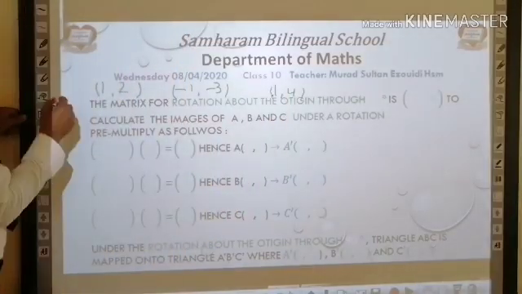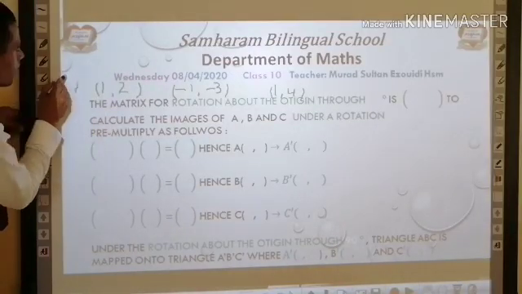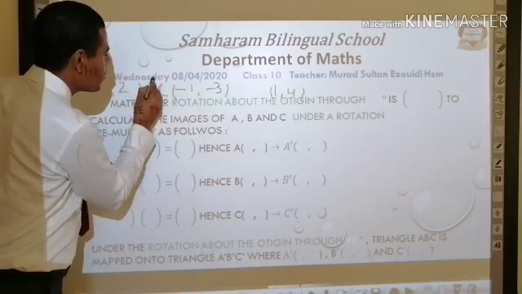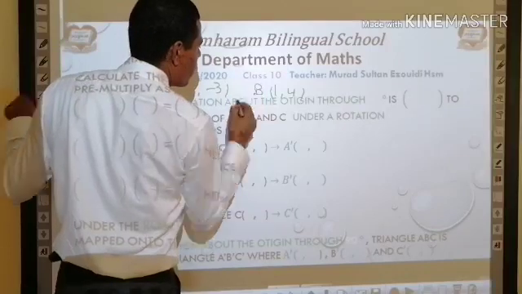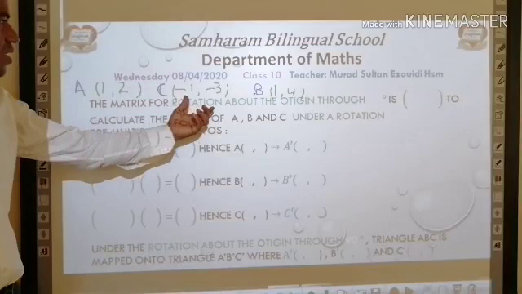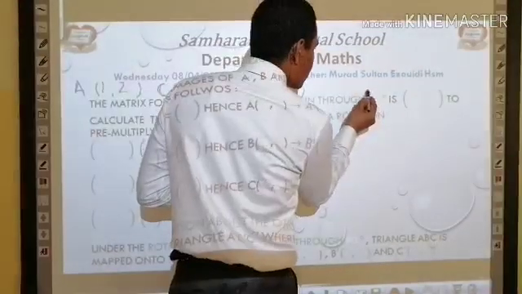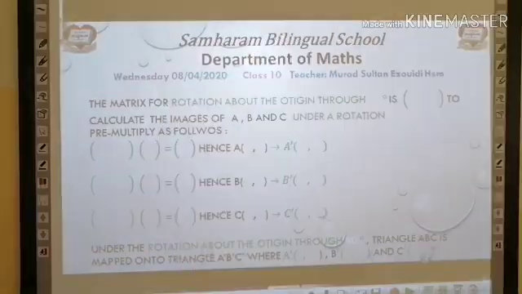So this one, my kids, is what? This is A. This is C, the coordinate C. This is the point B of coordinates 1, 4. Now the matrix for rotation about the origin through 90 degrees, my kids, through 90 degrees.